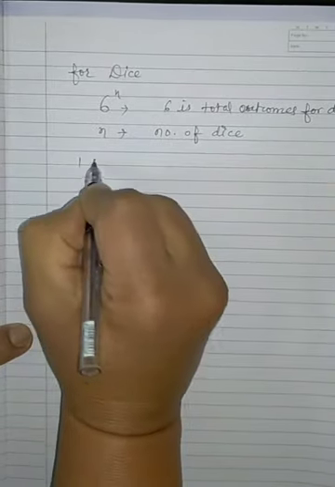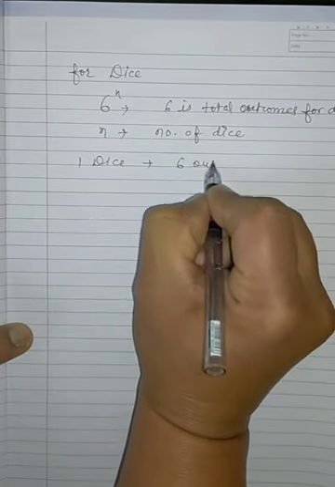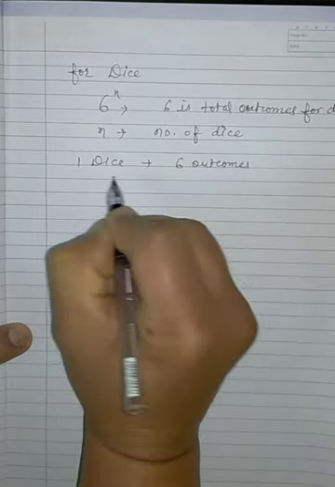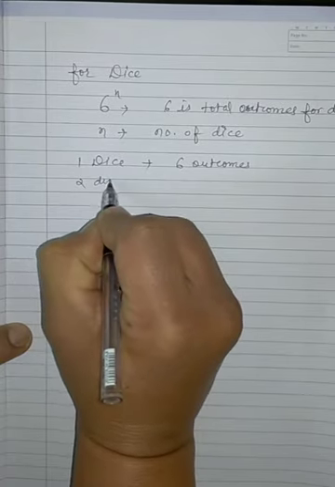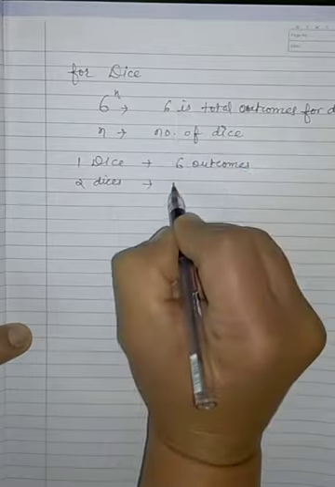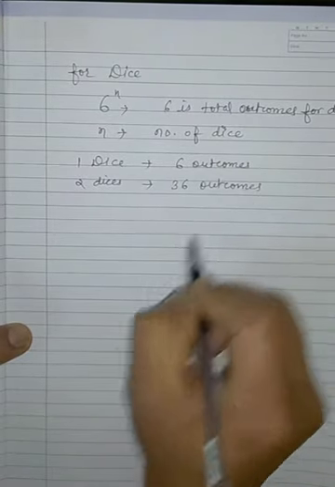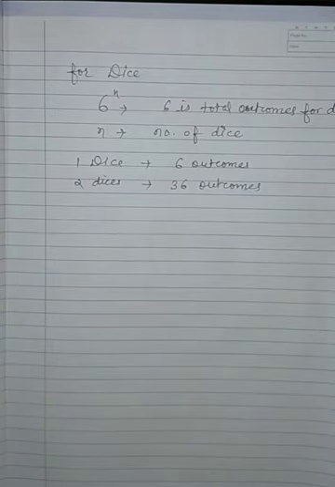So if we are given 1 dice, we have 6 outcomes. If we are given 2 dice, it will be 6 to the power 2, that is equal to 36 outcomes. Okay? So these are the cases for coin and dice.